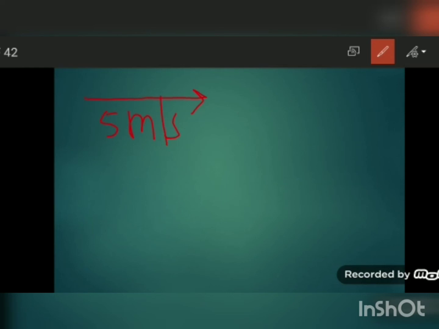Now suppose the object is moving like this. First it is going straight, velocity is the same, 5 meter per second, then it is turning, again it is taking a turn, and again it is taking a turn, right?